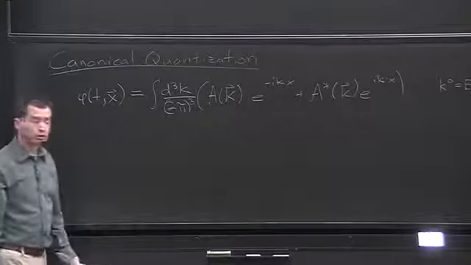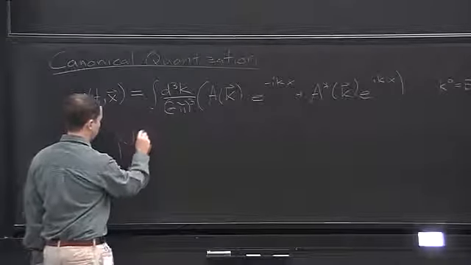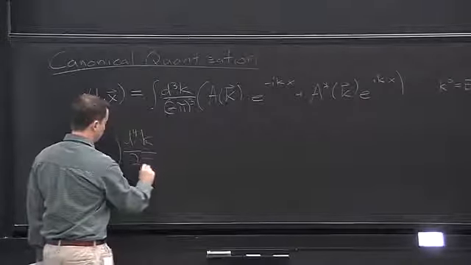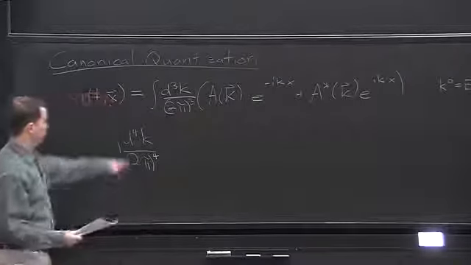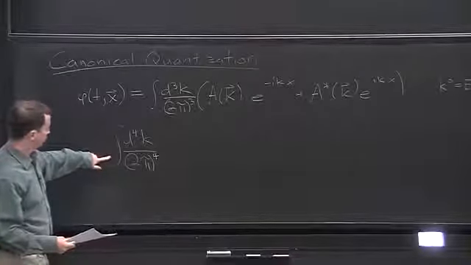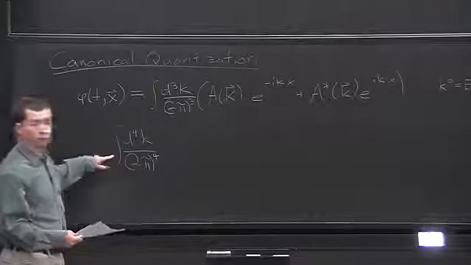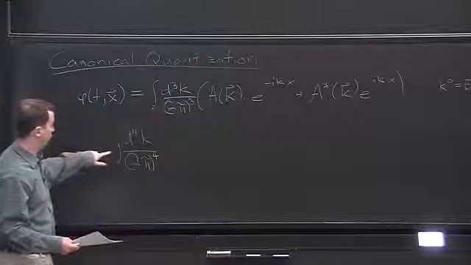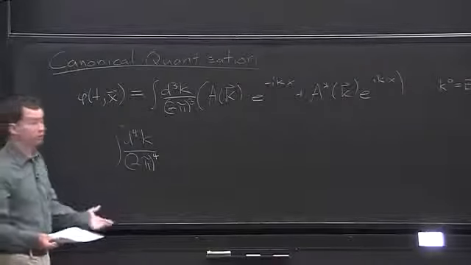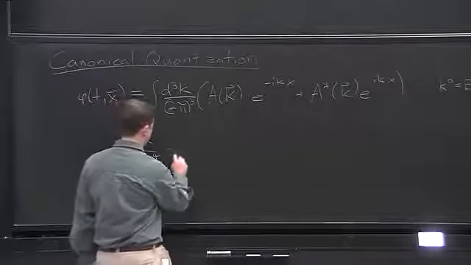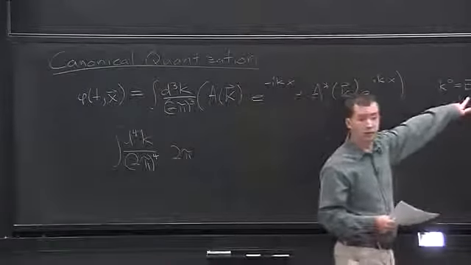Okay, so the natural way to try to do that is to start with the manifestly Lorentz invariant measure, which is an integral over four components. If we want to relate this integral over the four components of k to an integral over the three components of k, then the natural thing to do is insert a Dirac delta to constrain, in particular, the zeroth component equal to the energy.